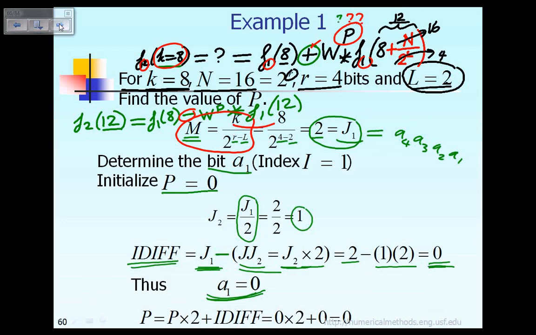After that, you figure out the new value of P, which is equal to the previous value of P times 2 plus the difference. Well, the previous value of P is equal to 0, because that is the one that you initialize from the beginning. And then you times 2, and then you plus the difference, and the difference is also equal to 0. So that means the updated value of P is still equal to 0. That's what we have so far.